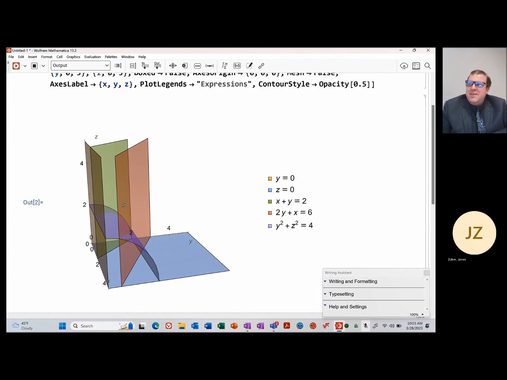It is going to be this region in here. All right, so I guess for lack of a better term, that hallway.